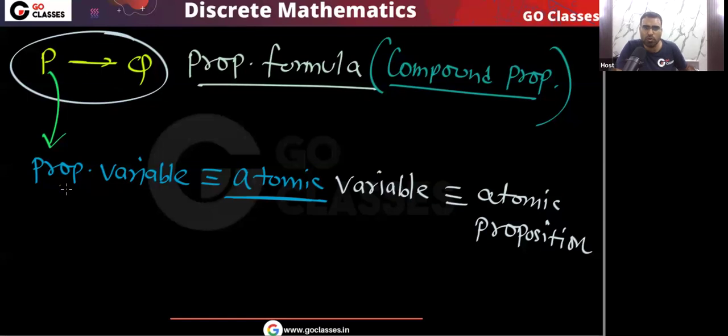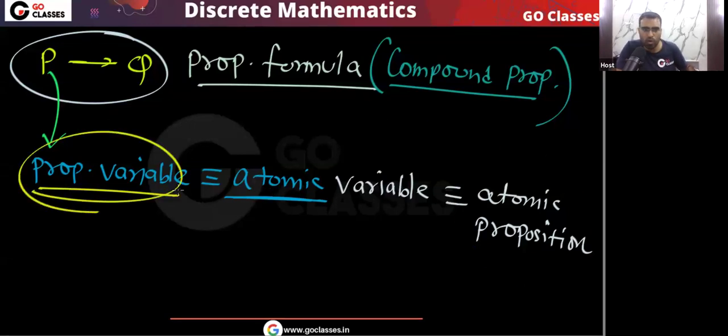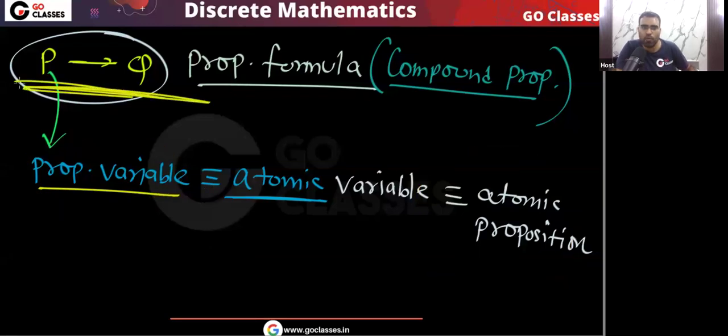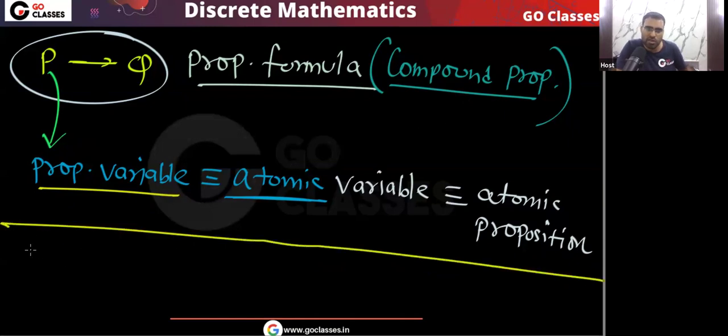And P, Q are propositional variables. You cannot break them. They are atomic, so you can call them atomic variables or atomic propositions. And this is a propositional formula, which you can call a compound proposition. And remember, every propositional variable is also a propositional formula.